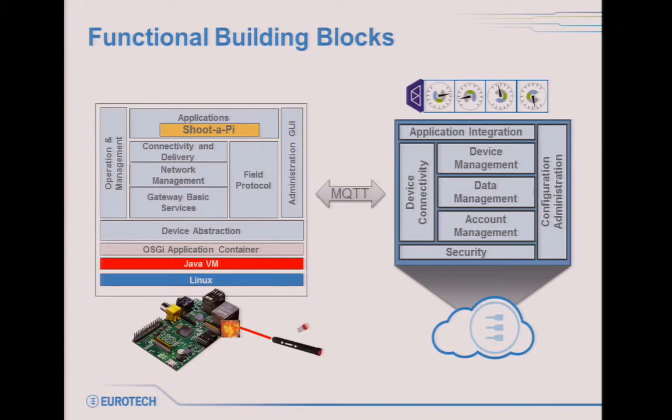And then what you really have to mind when you have to create an embedded application like shoot Pi is just the top of the stack. And at the top of the stack there is the application layer. So you don't have to mind about the hardware, about the connection, about the session, about the security. You just have to know about Java, and you have to code that you are reading the temperature from GPIO pin number 15, and that if temperature is higher than 15 degrees, then you want to send a message.